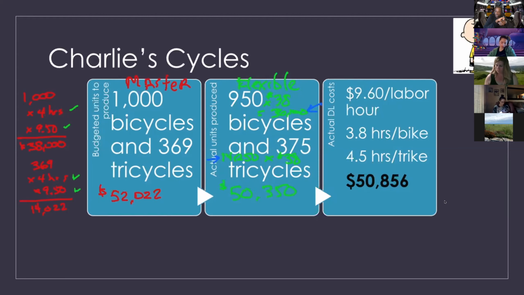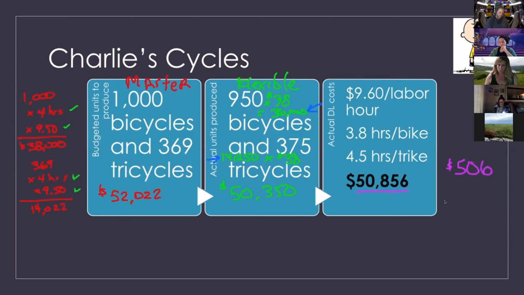Any questions about the numbers so far? Okay. Well, we actually spent $50,856. And so our variance is $506.